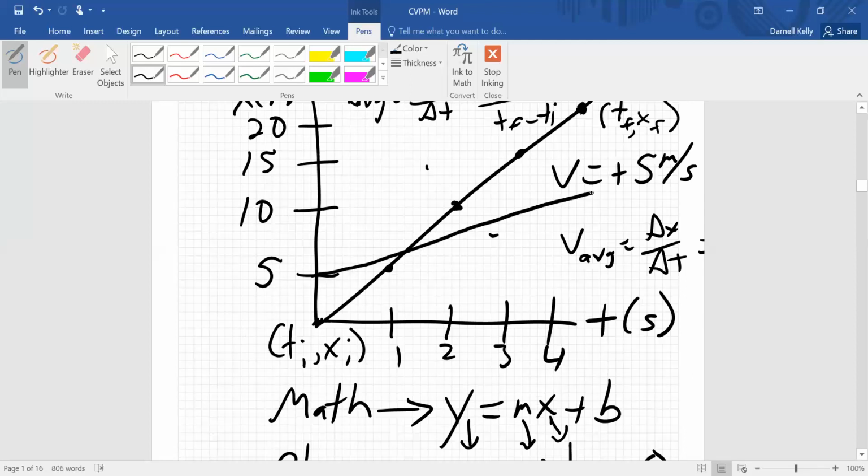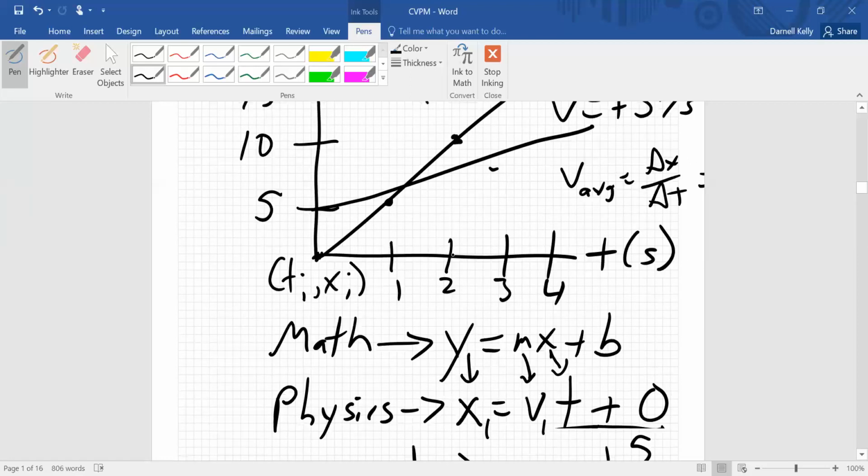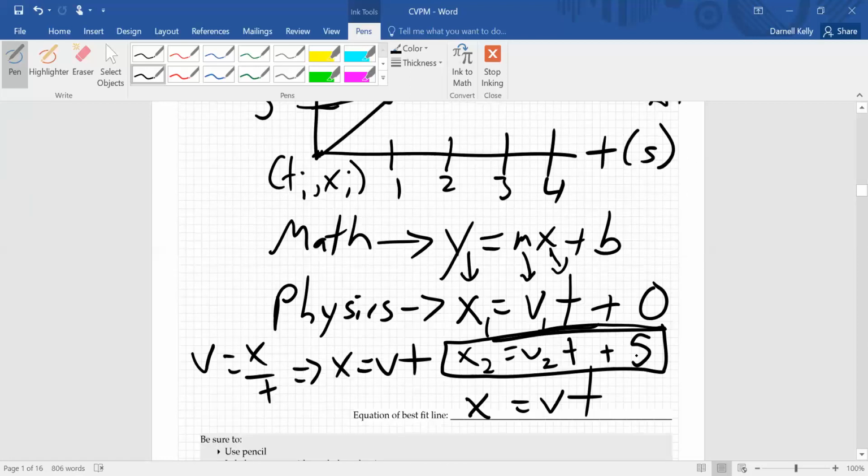carried on like this. Let's say that I had still a constant slope, but the slope is going to be slightly different. You can see that already. It's not the same steepness, if you will. So the slope is going to be different. It's going to be lower, and that means it's going to have a lower average velocity. So this y-intercept here tells me that I had an initial position.